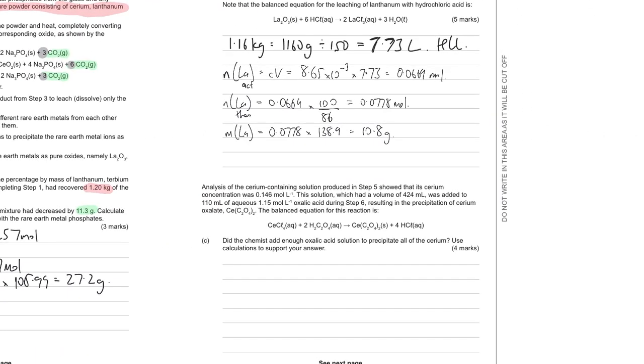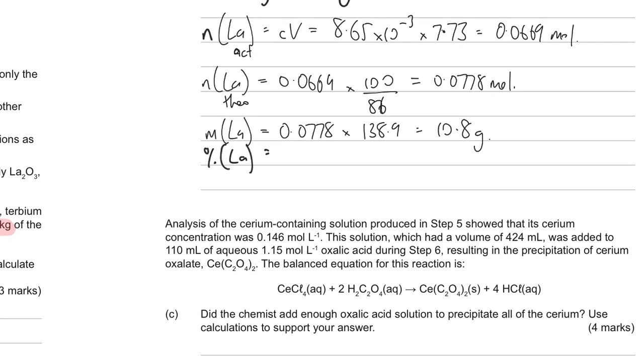So therefore the percentage of lanthanum will be equal to the 10.8 grams over the 1,200 grams that it started out as, and that will eventually get to 0.9%. All right, so those are the values there that you need to try and follow along.